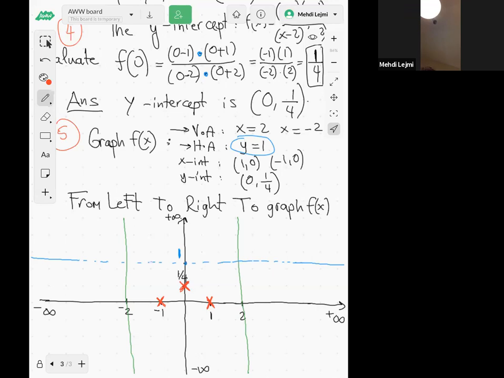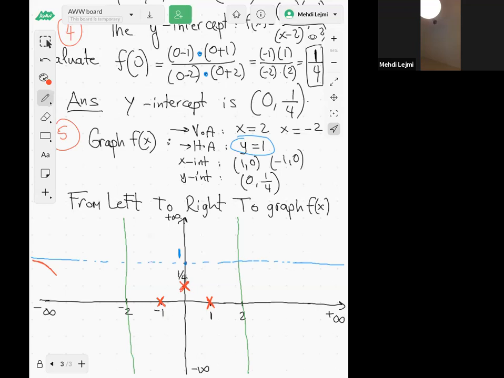So it's going to be as close as we want from the horizontal asymptote. But there's a problem here. This is why graphing rational functions is tricky, because there are two options, right?